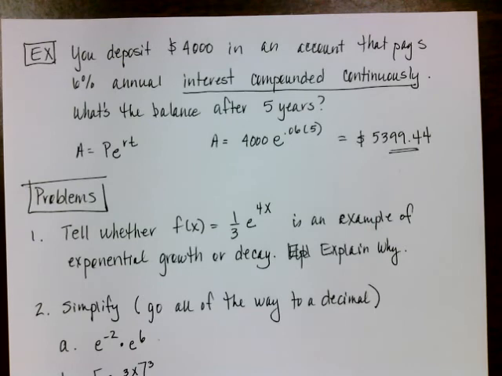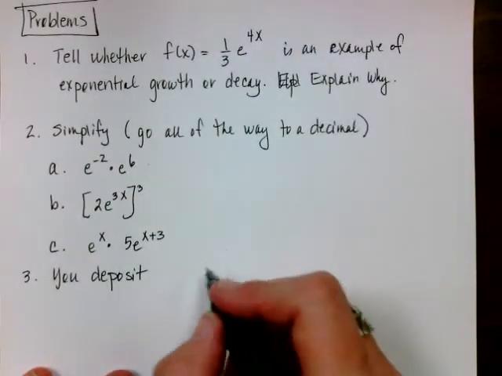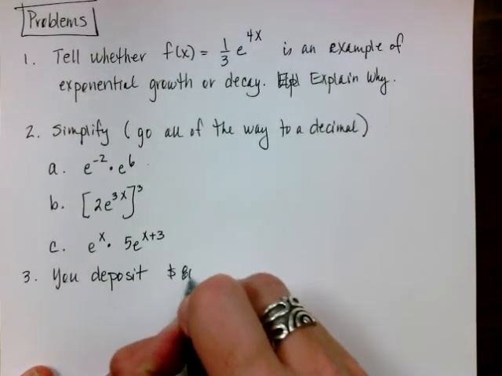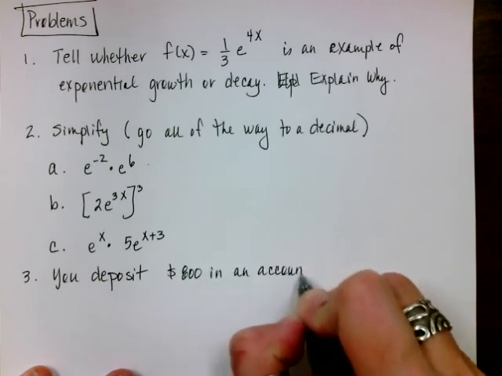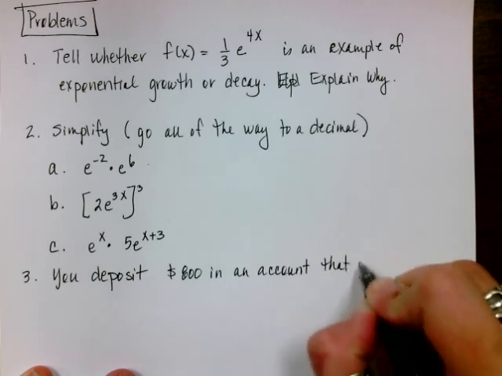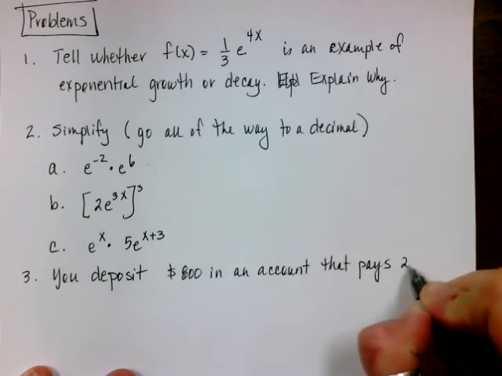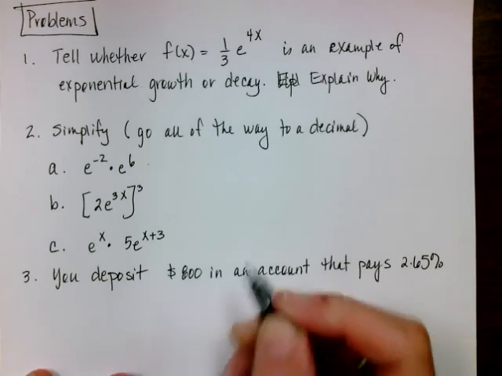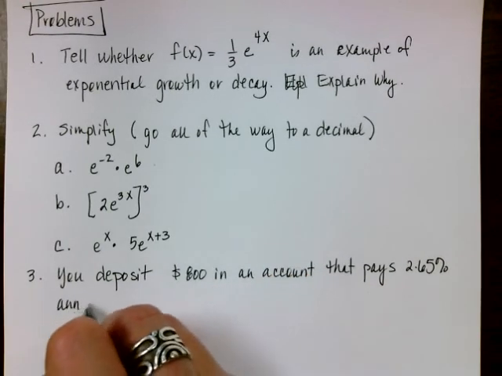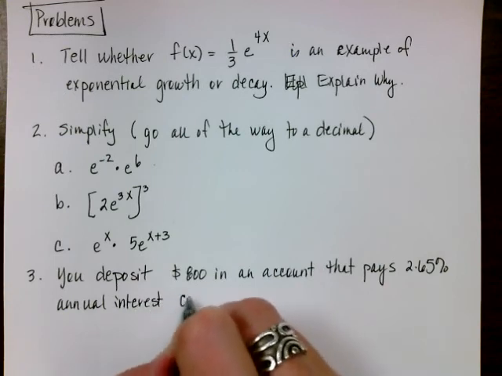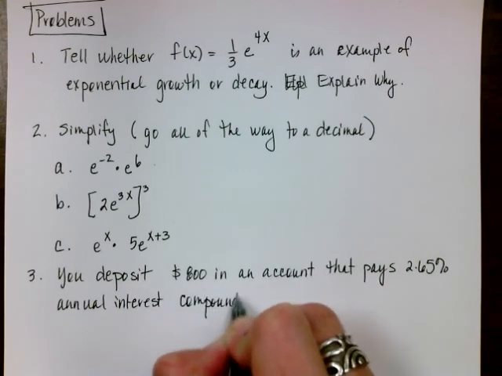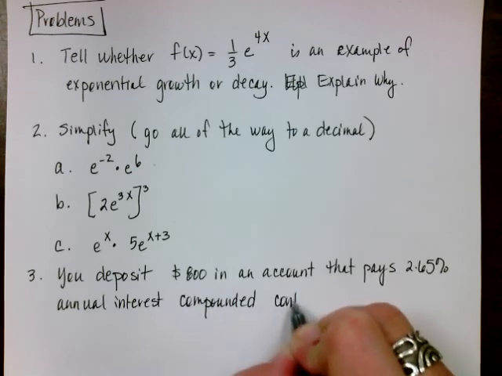And then the last problem says you deposit $800 in an account that pays 2.65% annual interest compounded continuously.